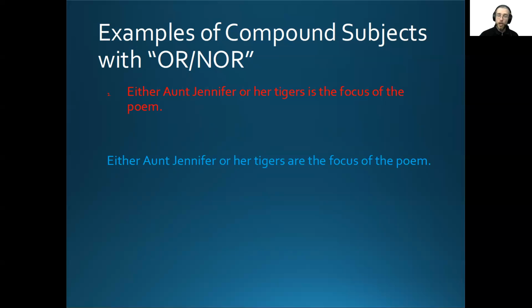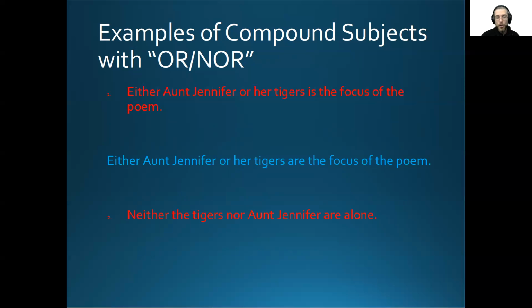Because her tigers is a plural subject, we have or, so that special rule applies. That means that the verb to be, is, should be conjugated in the plural, are. Always when you have an or a nor, look for the subject or the noun that is closest to the verb being conjugated.